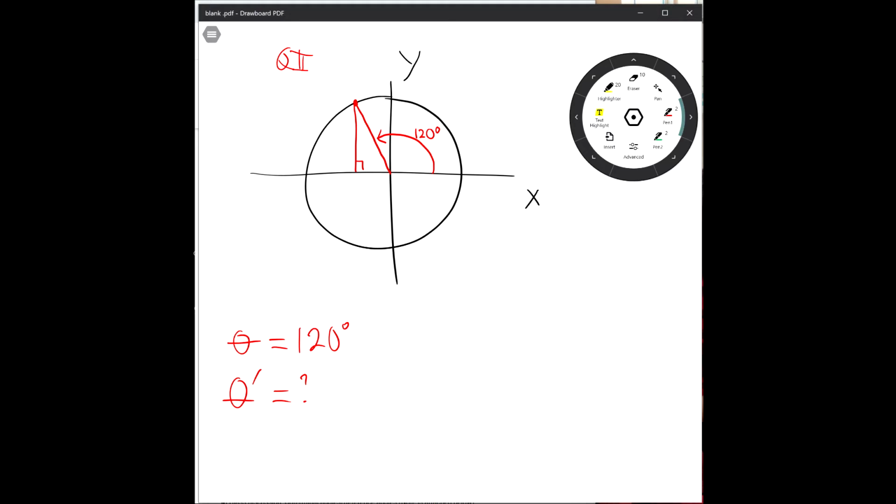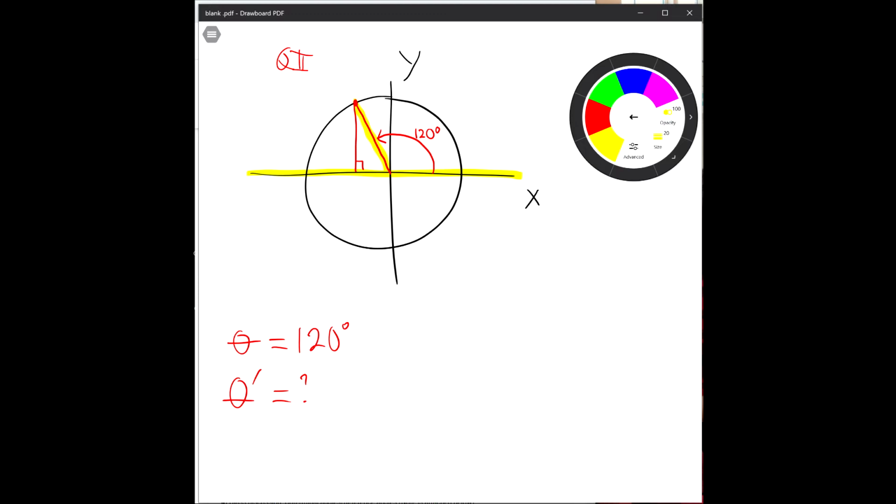That's my right triangle. I will highlight the terminal side of the given angle, which is the original angle, and highlight the x-axis. Now I see there are two angles formed by the terminal side of the given angle and the x-axis.